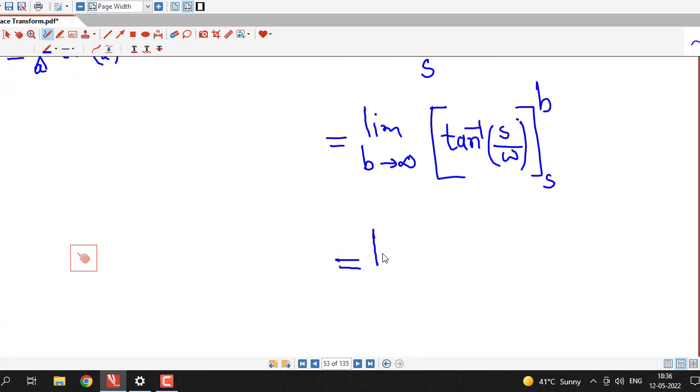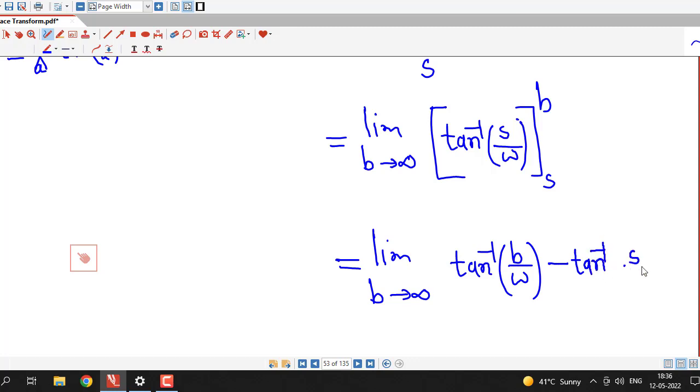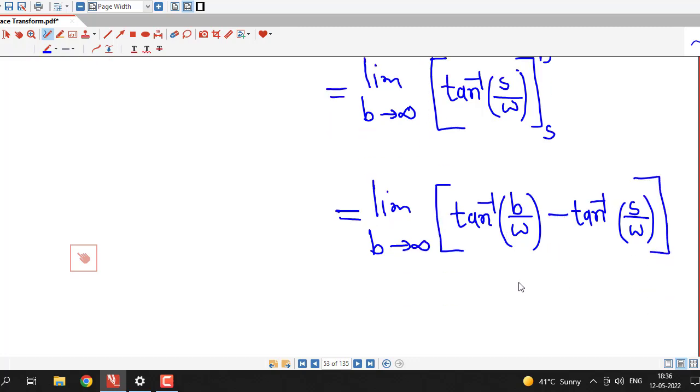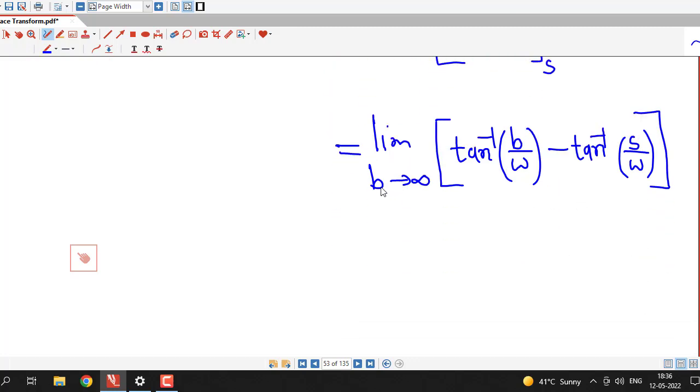Now this is equal to the limit as b tends to infinity. The upper limit is s equal to b, so we write tan inverse b divided by omega, minus the lower limit, which is s itself, tan inverse s by omega as it is. Now we find the limit of this bracket as b tends to infinity.